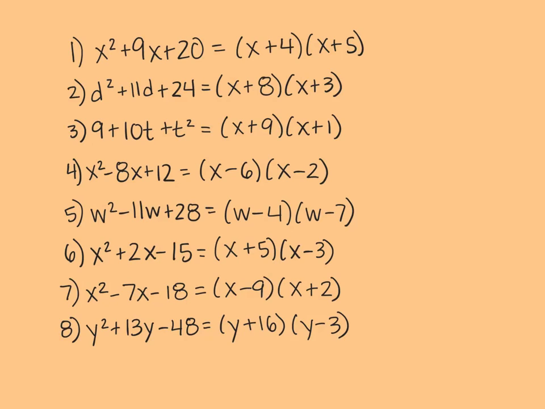Oh, I just realized that I have the wrong variable here. Let me quickly change this to be a t. There we go. And then if we were to multiply this out to check our answer, we would get back to this original problem. If there's any that you're not quite sure on, be sure that you ask me questions and let me know.